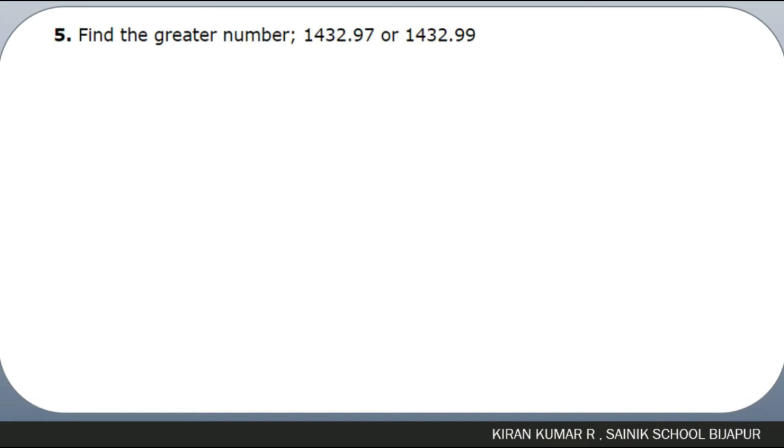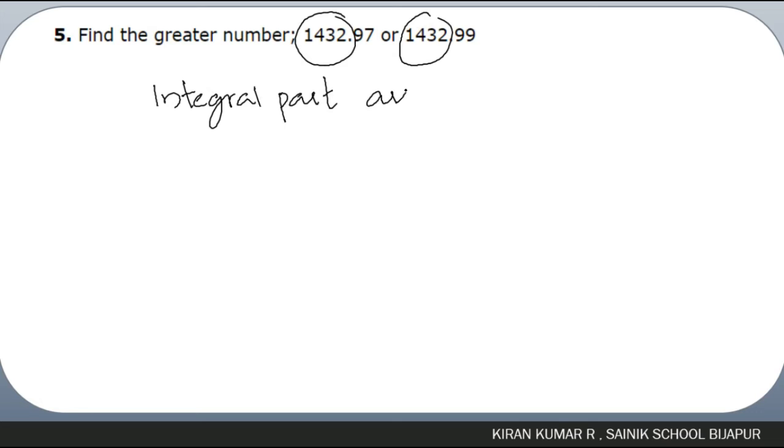Question number 5. Find the greater number among 1432.97 and 1432.99. First we will look at the integral part. Here the integral part 1432 is present in both the numbers, so the integral parts are equal.